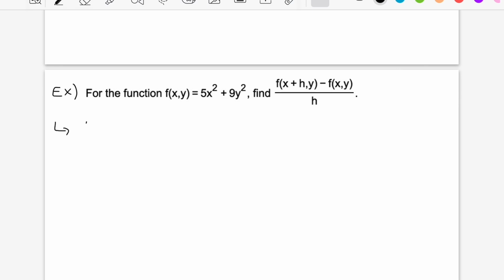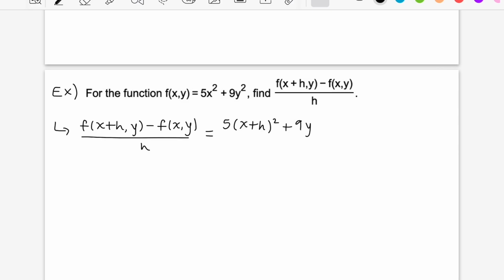So what I mean is, this guy is going to be equal to our function when x is equal to x plus h minus our f of x divided by h.